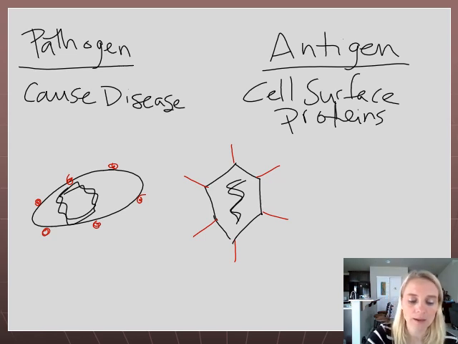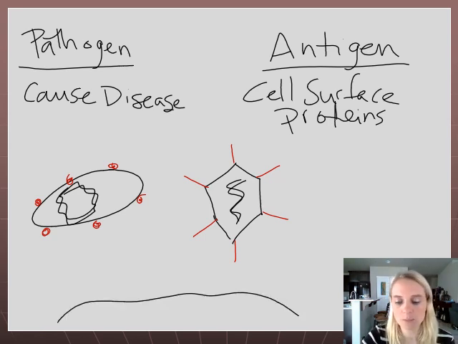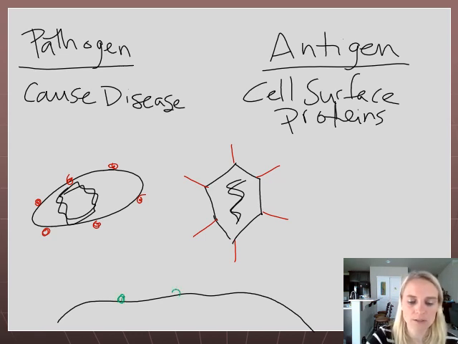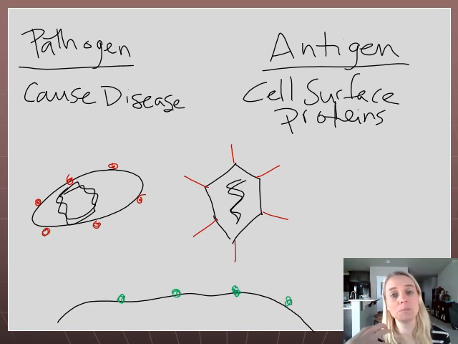We have self-antigens on our own cells, right? So if I put a human body cell, which is way bigger than those, then I might have some antigens, and I'm putting them in green. Green means good, right? My immune system, everything we're going to be talking about, will recognize those antigens as self and leave it alone.